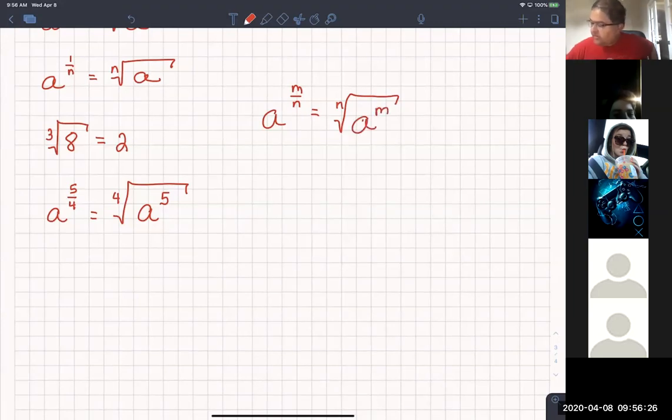The numerator is the exponent of the variable. And when you have an improper fraction as an exponent, you can convert it into a mixed number. So for example, a to the 5/4 is the same thing as a to the 1 and 1/4. And another way of writing this is a times the 4th root of a.